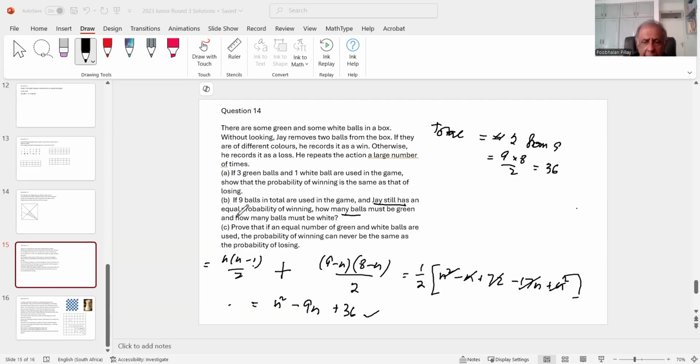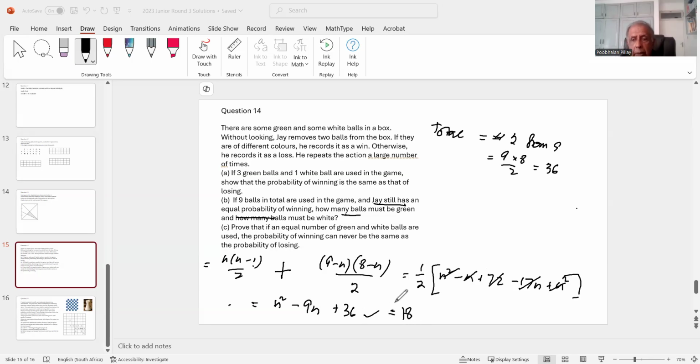J still has the same equal probability of winning. So out of 36 different ways of picking 2 from 9, you want equal probability. That means the number of ways of losing must be 18. The number of ways of winning will be 18 also for equal probability.